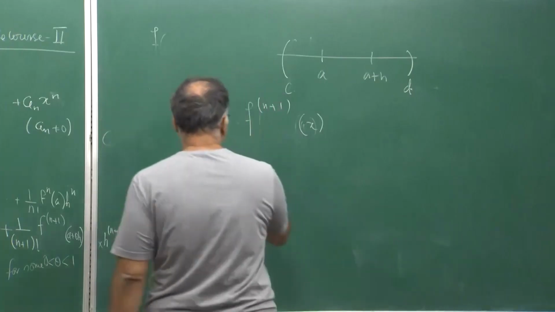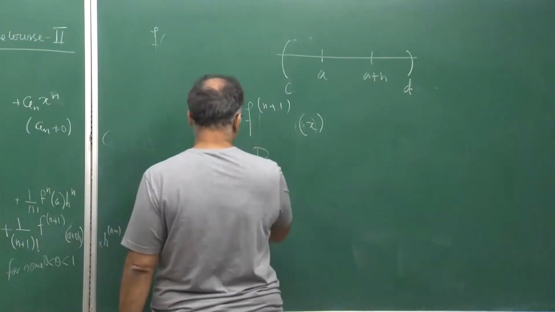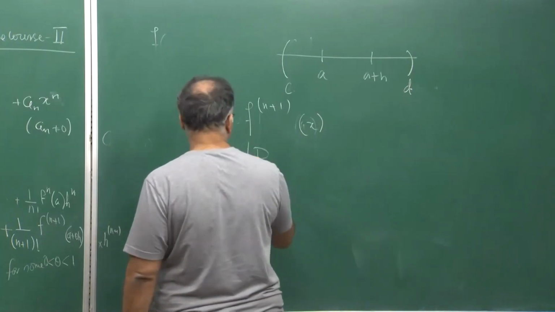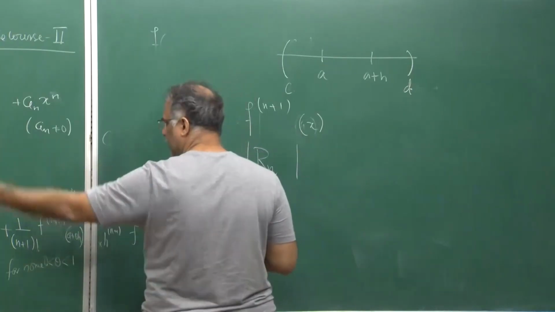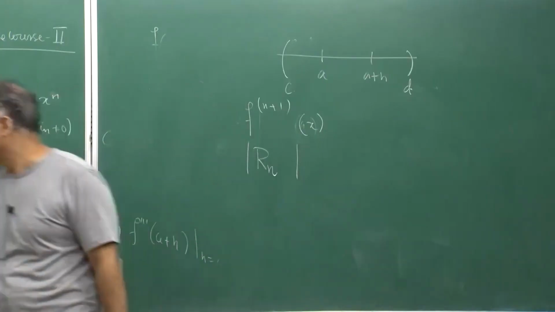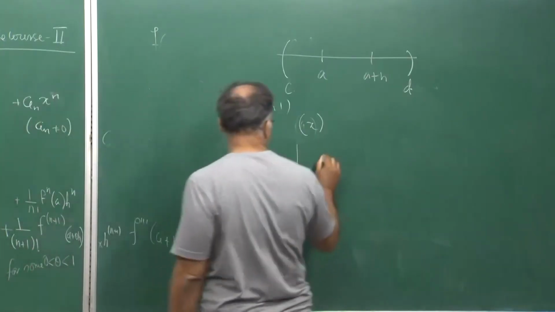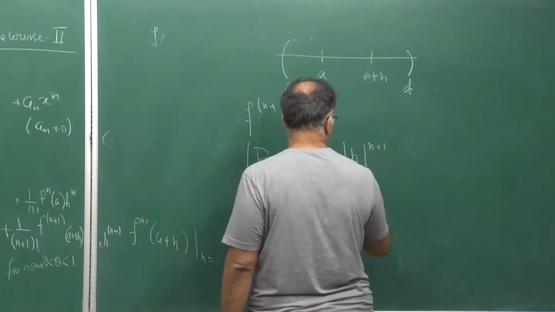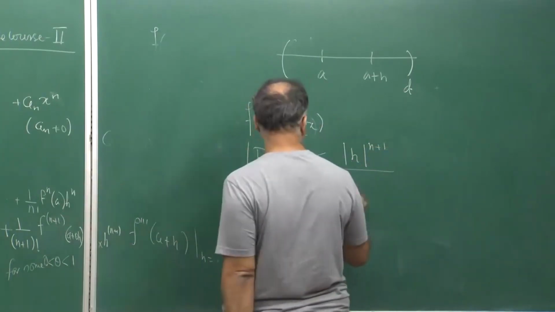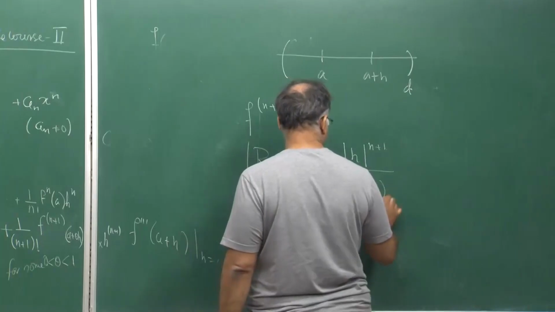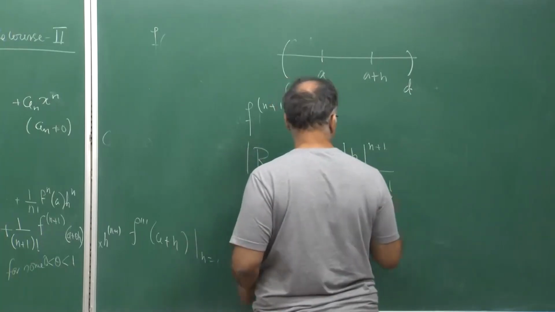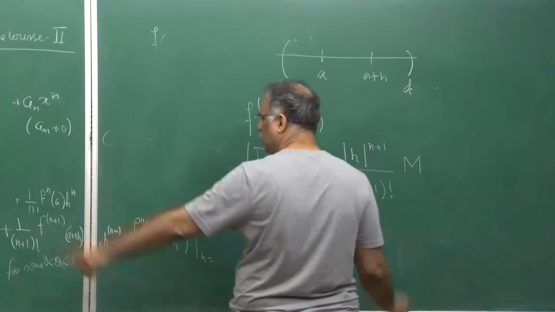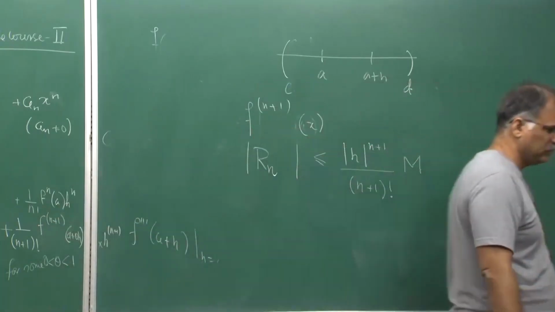Then mod of R_n would be less than or equal to mod of h^(n+1) divided by (n+1) factorial into some M, which is the bound of this function.